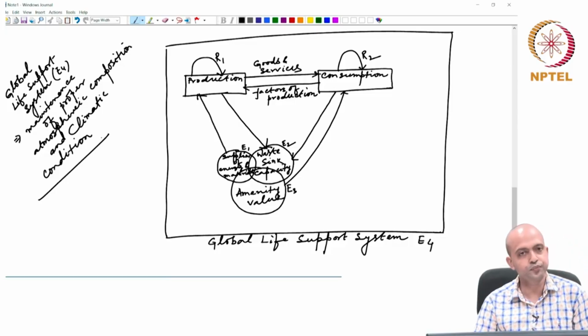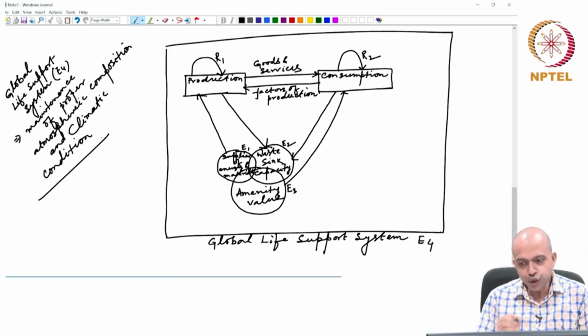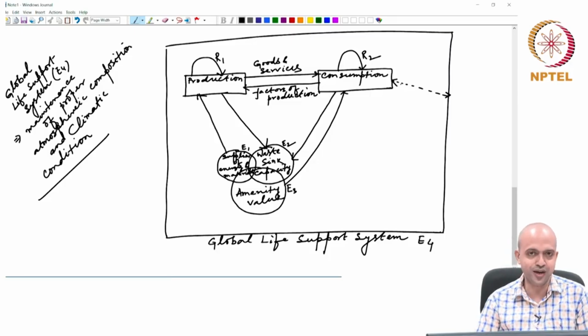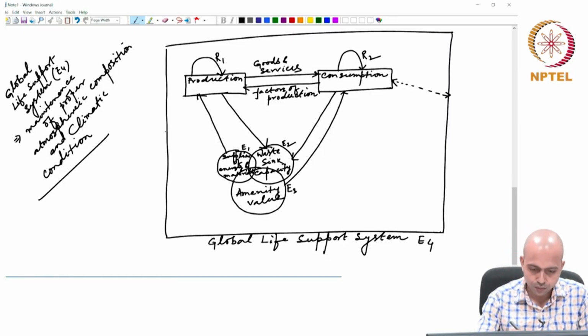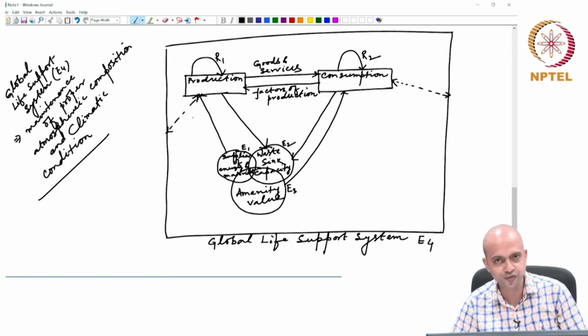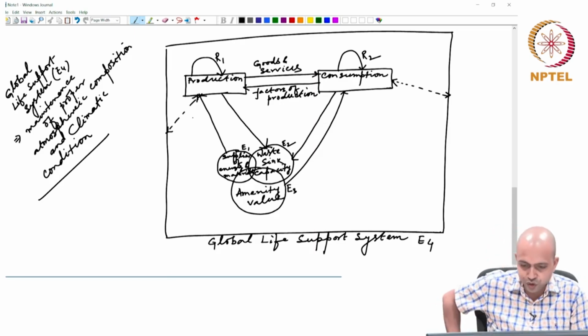This is E4. So, in the process of production and consumption, we disturb the environment, that means we throw garbage to the environment, and the environment in turn also gives a feedback. From the production and consumption side, we disturb the environment and it also gives a feedback.